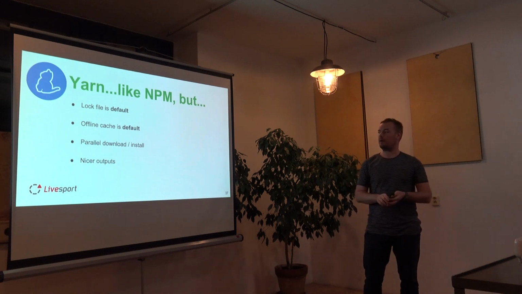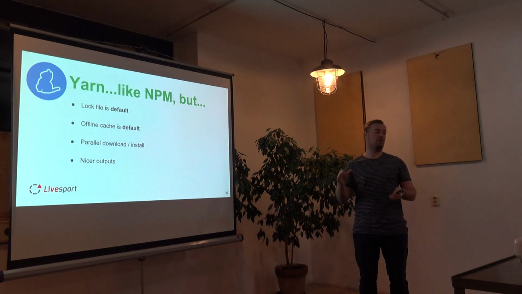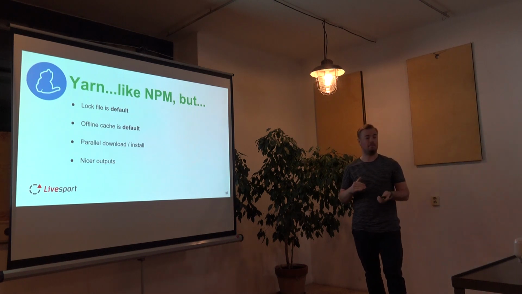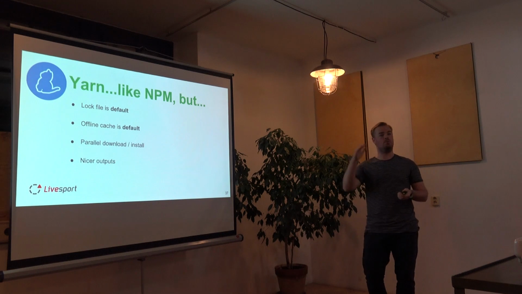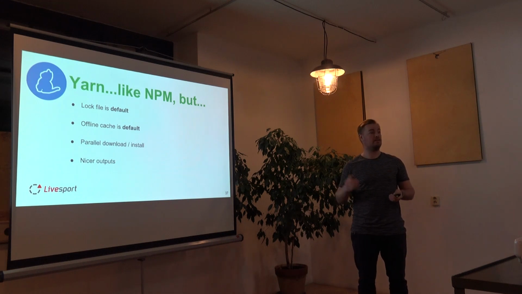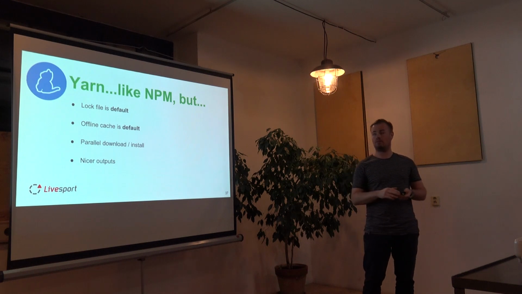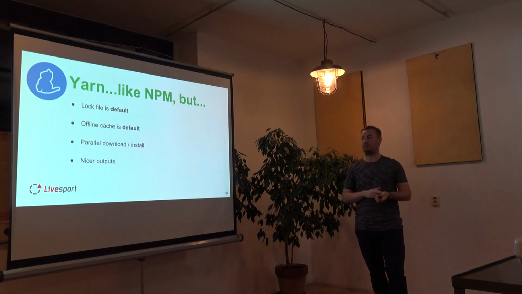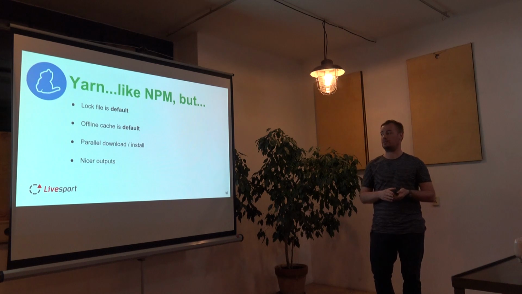What's really awesome about Yarn is parallel download and parallel install. Now, if you have a lot of dependencies, NPM downloads them one by one. That takes a long time. What Yarn does is make a pool of parallel threads and it downloads much faster.